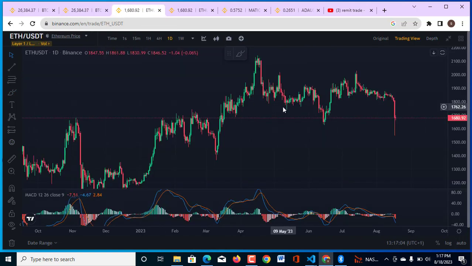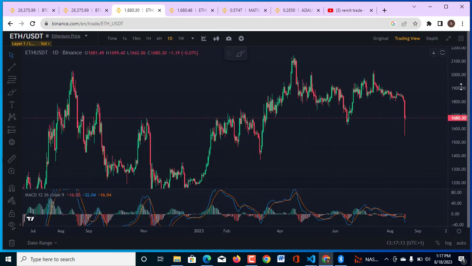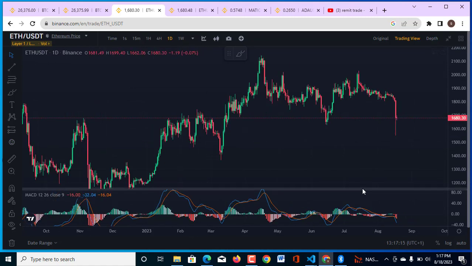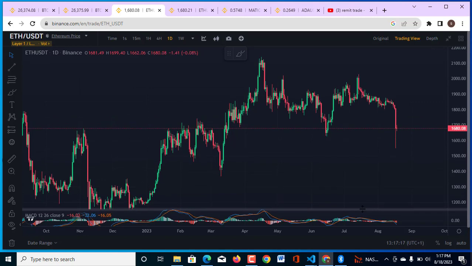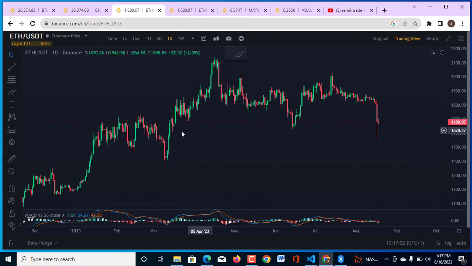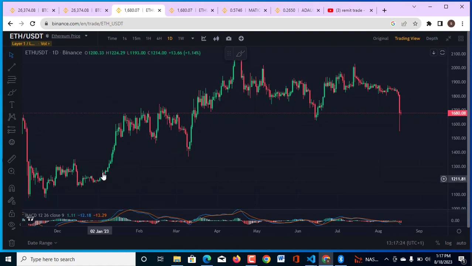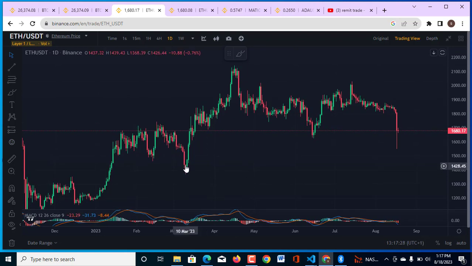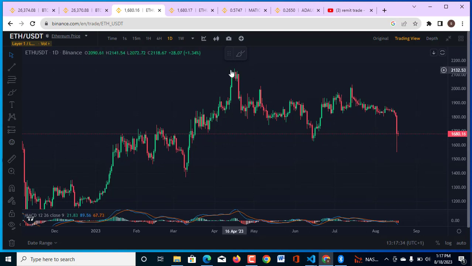And on the ETH USDT 1 day chart, if you look here, it is the same thing as on the Bitcoin chart. The market has already failed to create a new high on ETH. The market moved upward all the way from here, retraced, and then moved from this area back to this point, retraced, and this movement will not create a new high.